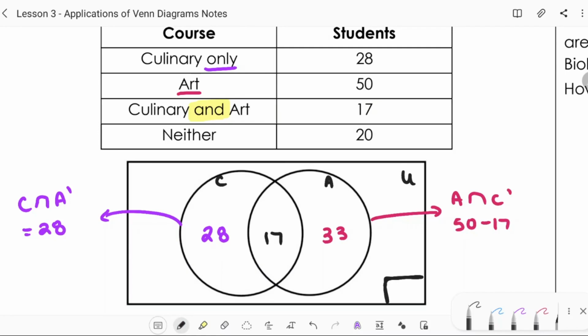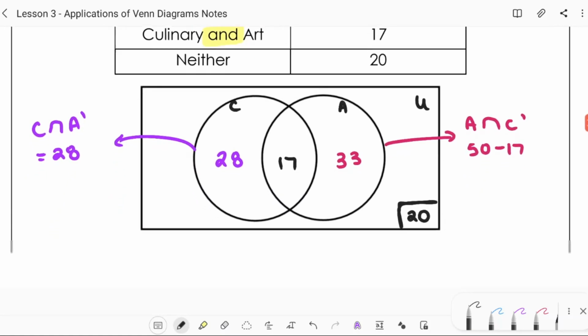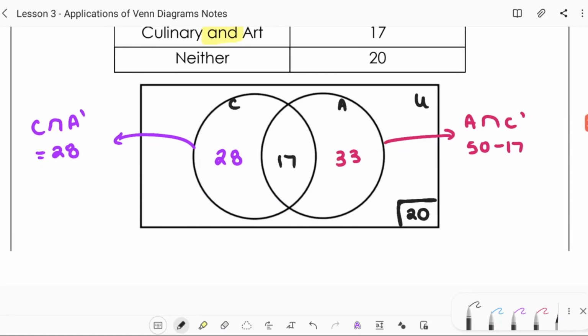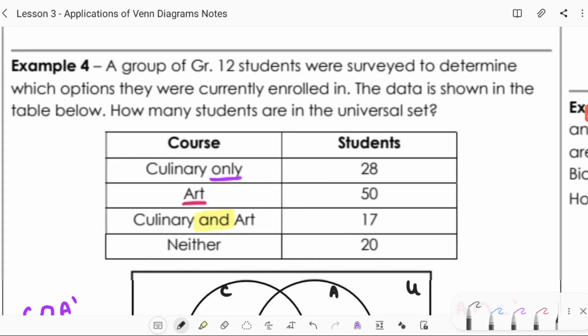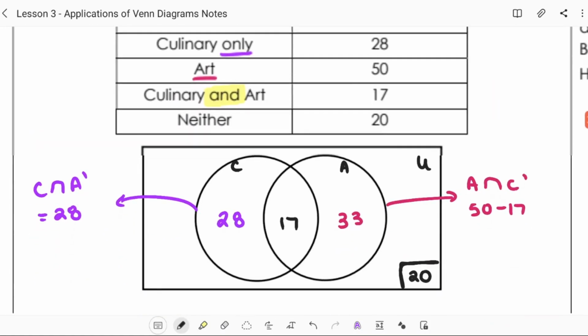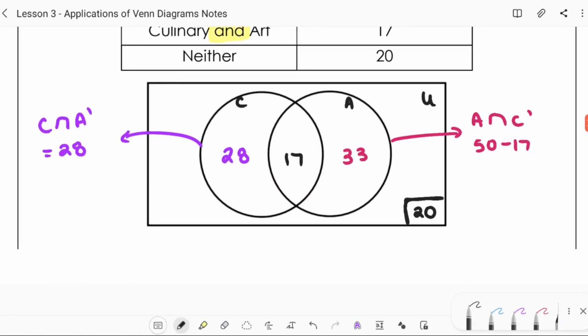And then it tells us there's 20 students in neither, and so that goes outside. There's still students attending this school, they're still grade 12s, but they are not in culinary or art. So when it asks us, how many students are in the universal set? Well, I need to think about the students in any possible location.